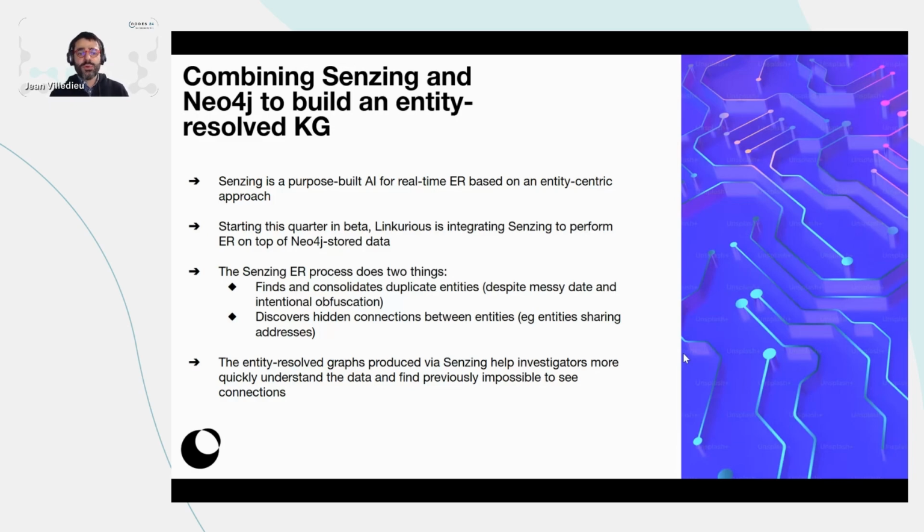The Sensing ER process does two things. First, it helps find and consolidate duplicate entities. And secondly, it helps discover hidden connections across the entities. Entity-resolved knowledge graphs produced via Sensing can help investigators more quickly understand the data and find previously hidden and impossible to see connections.